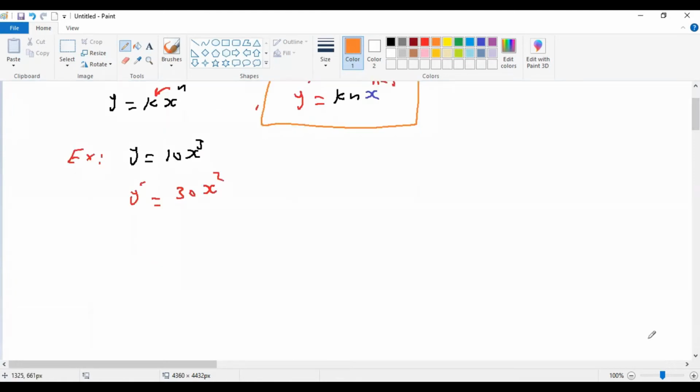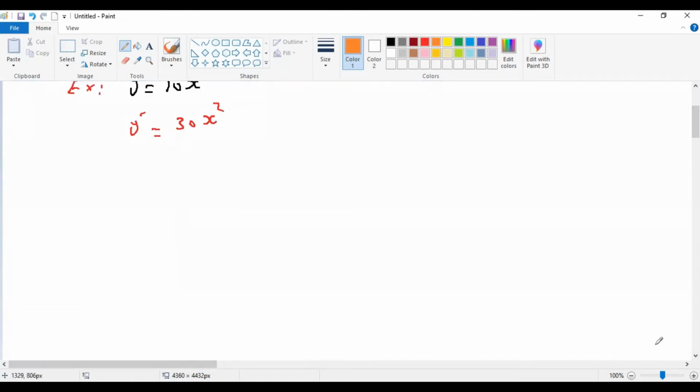Now, the quotient rule. If we have a numerator and denominator, how do we find the derivative?